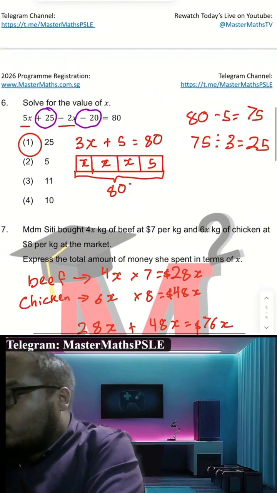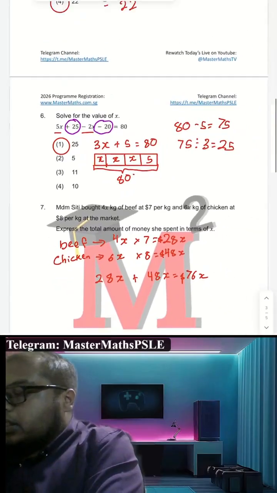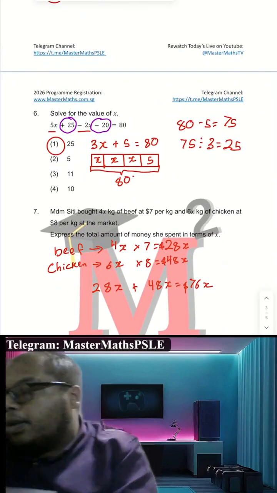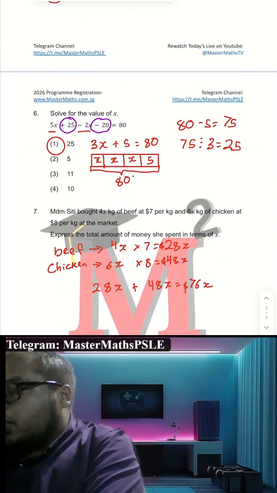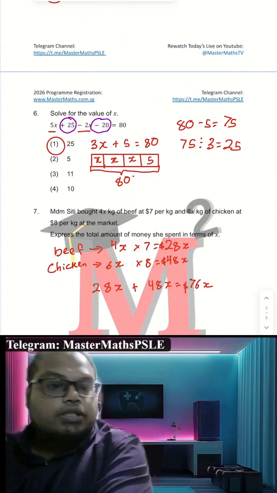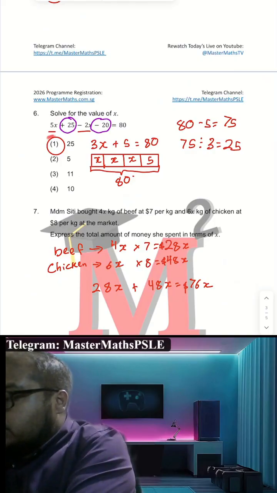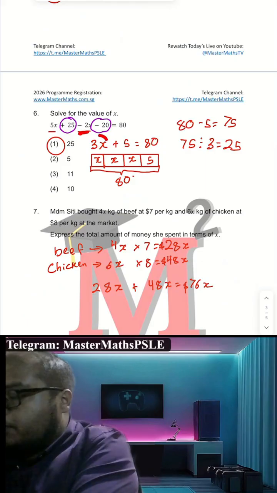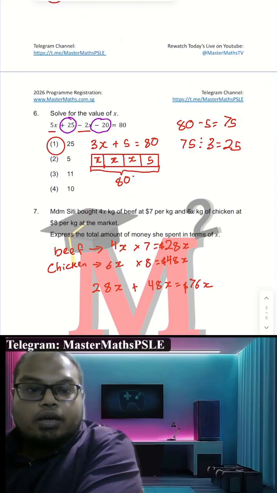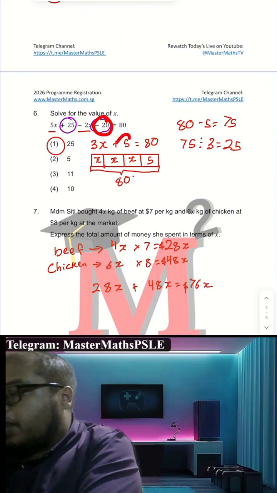Now question 6, the solving. Like I mentioned, when I solve it, simplify first. So 5x minus 2x becomes 3x. 25 minus 20 is plus 5.